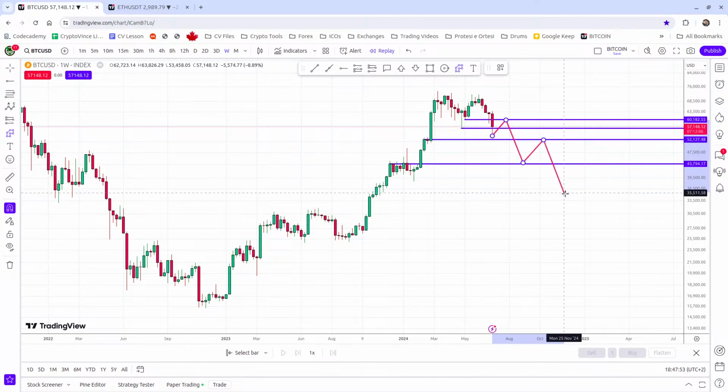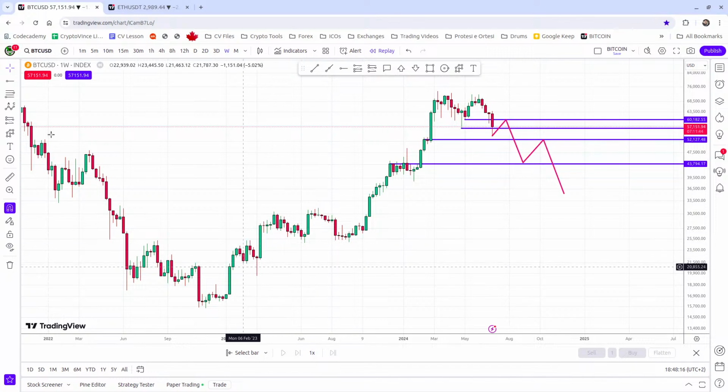This could be the start of a bearish trend because it would print a lower low. This will be the low, or even this one, and the lower low. But I still want to see the candle close, and go from there.